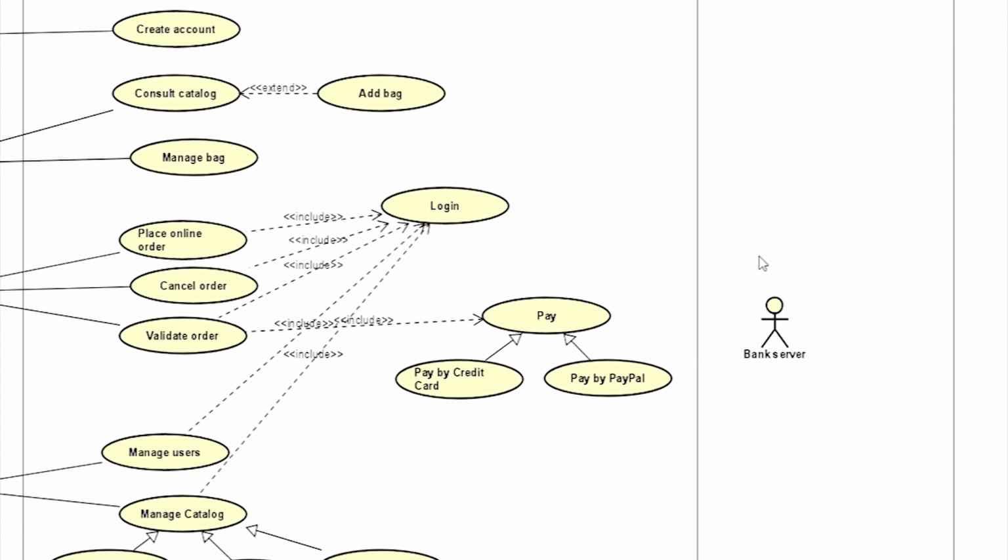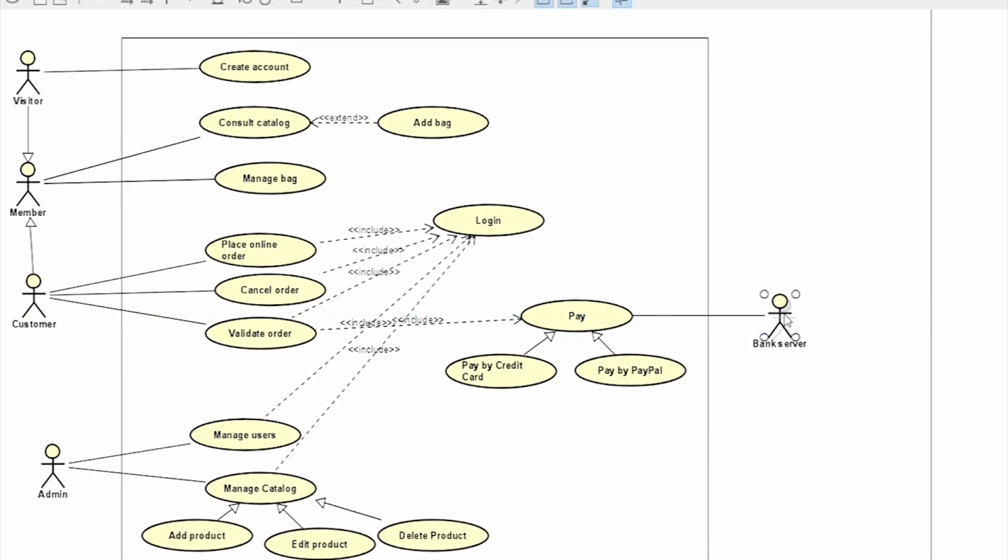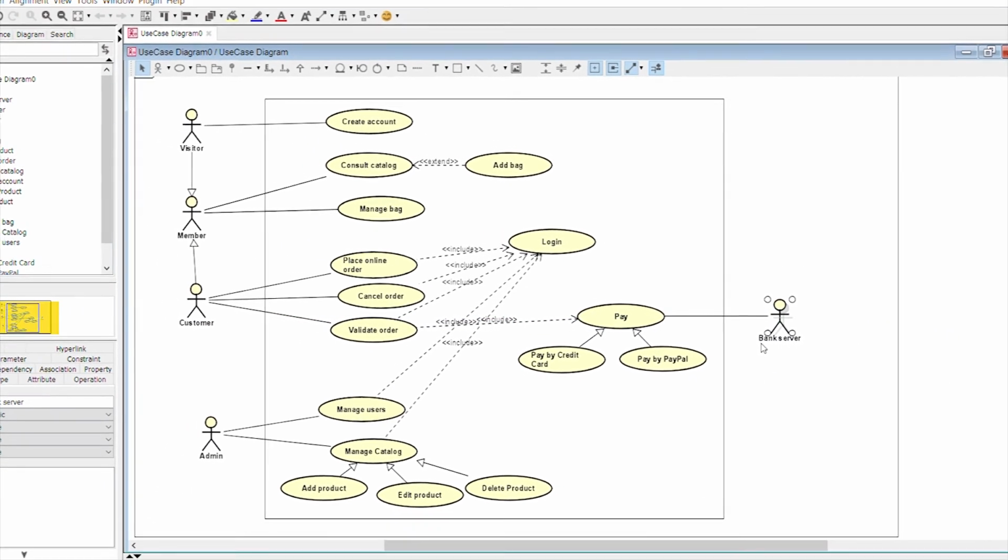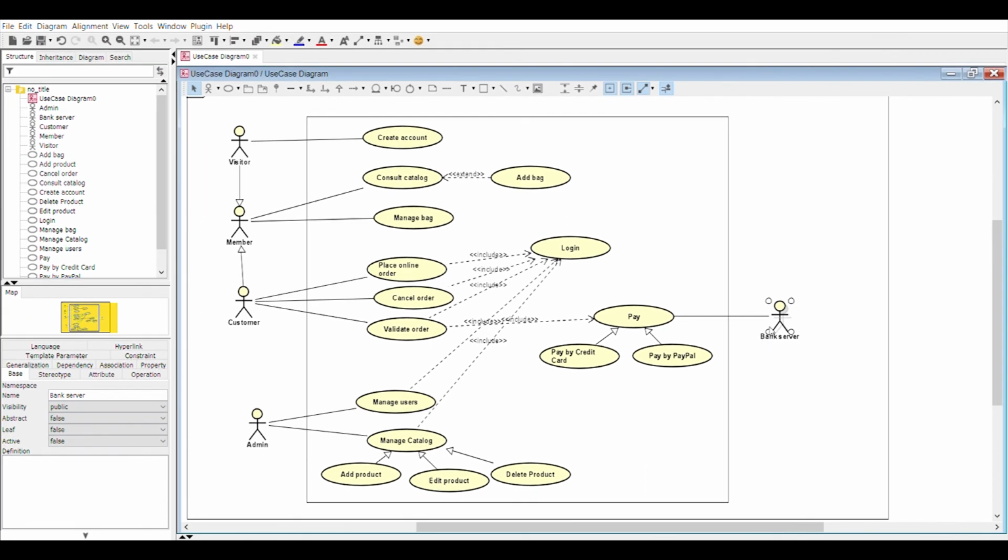Here we have an actor who is in fact a system, the bank server, who will participate in this use case. Why is he a secondary actor? Because he doesn't initiate the system. He's reactive: when we need him, he will participate. So it's a secondary actor.